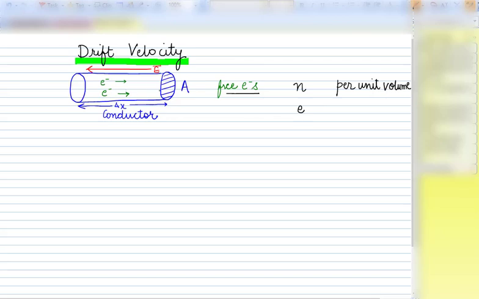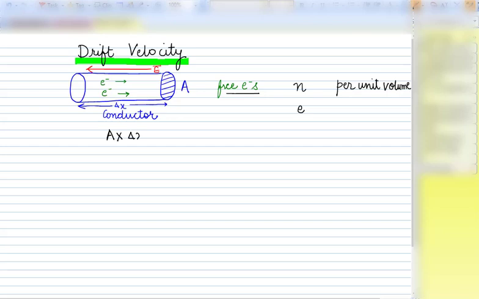So let us say that these electrons are moving and they are crossing this cross-sectional area A. What is the number of these electrons which are passing through this volume? The number of electrons per unit volume is small n and the charge is small e. Because this number is per unit volume, if you multiply it with the volume, you will have the total number of electrons.